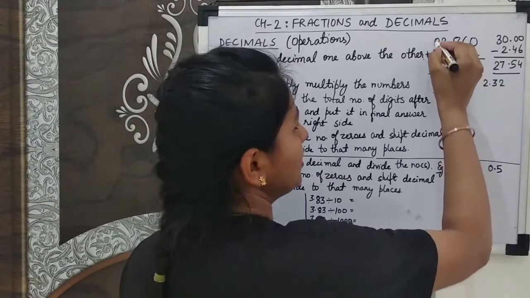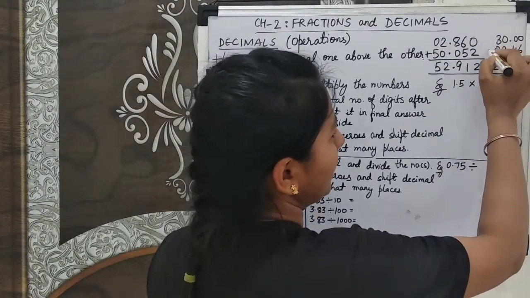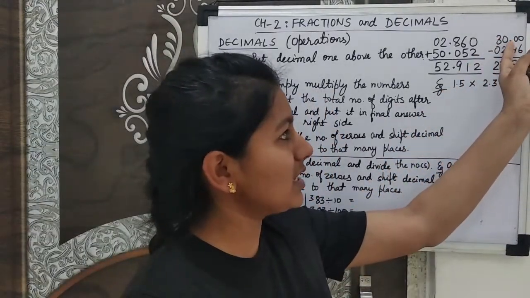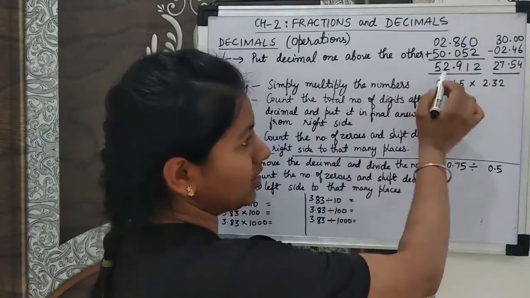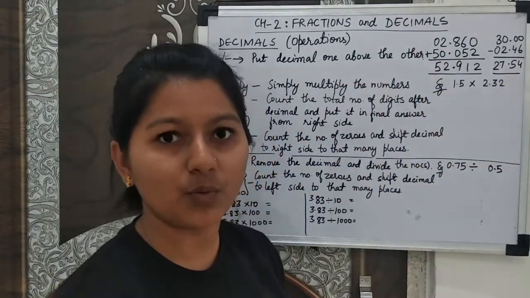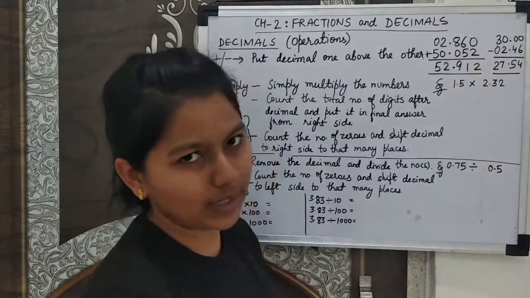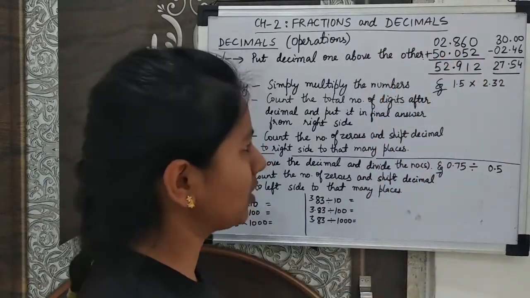Supposedly here I can write 0 if there is no number. In this case also, if there is no number, I can write it as 0. It was 30, I have written it as 30.00. So for addition and subtraction of decimal numbers, what is important is to put the decimals just below one another, and accordingly we arrange the whole part and fractional part.